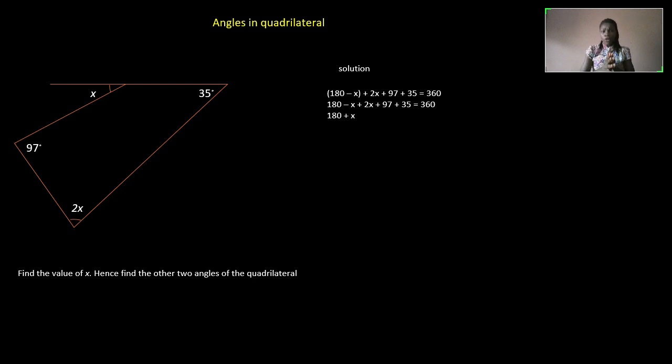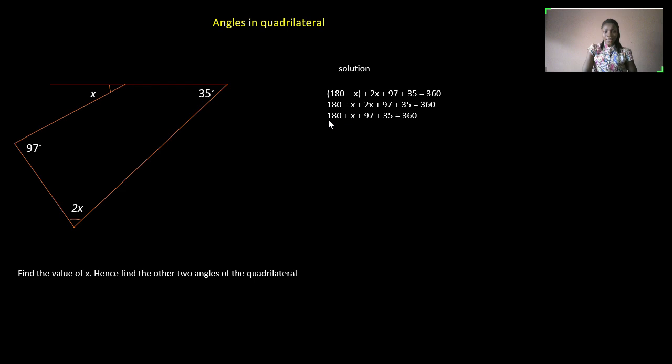So here we are having 180. If you watch, we have minus x here plus 2x. If we combine it, we are going to have x. That is minus 1 plus 2 is equal to 1. So that's why we are having x here. So I'm going to have 180 plus x plus 97 plus 35 equals 360.